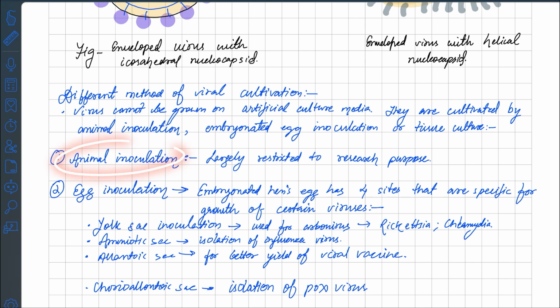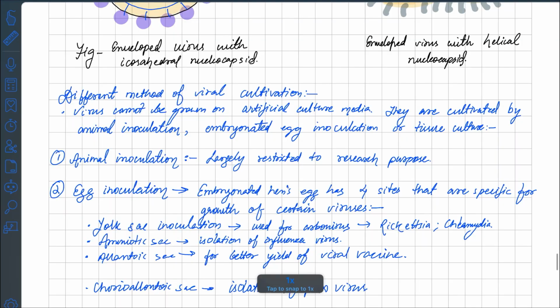In case of animal inoculation, as the name suggests, we inoculate viral particles or the whole virus in any animal and use it as a laboratory animal for the study purpose. So this kind of inoculation is largely restricted for research purpose only.